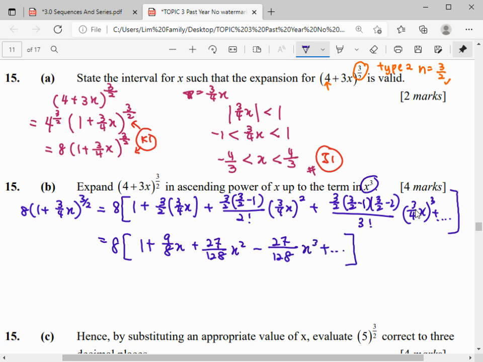So dot dot dot. After you finish pressing the calculator for this expansion, we have to expand fully. Our 8 also has to be expanded in. You have to times in our 8.